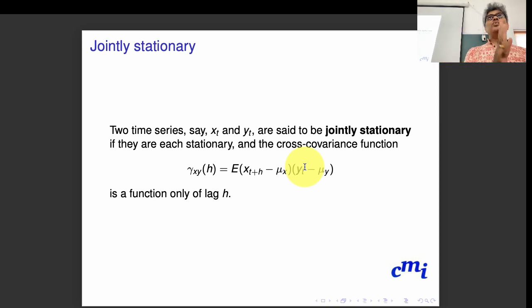That means x1 and y3, x1 and y5, we would expect to vary over the lags. If that is happening, then we can say that the cross covariance function is only a function of lag and not dependent on the time itself.